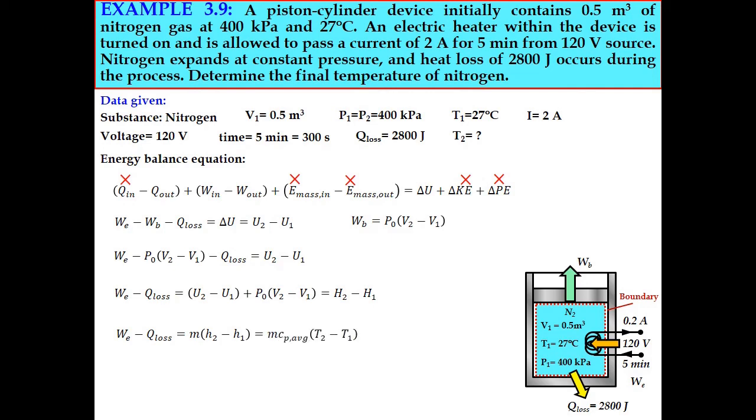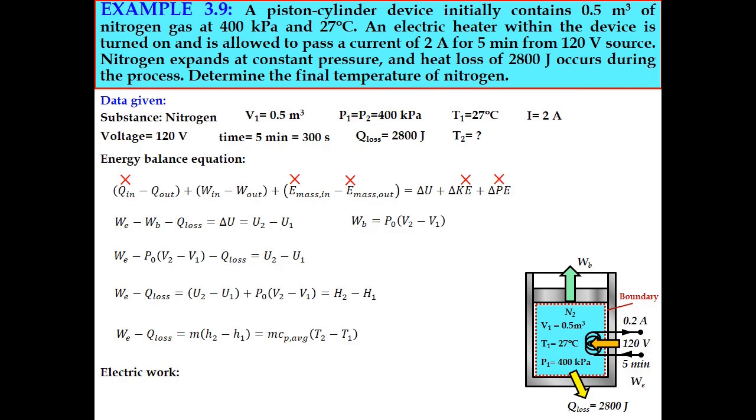As we learned before, because the question doesn't mention whether we need to use a Cp that varies with temperature, or any approach that we need to use, instead of using the table to determine the enthalpy, we can use the formula involving average Cp. So WE minus Q loss equal to m Cp multiplied by T2 minus T1, because the equation involved is the enthalpy difference.